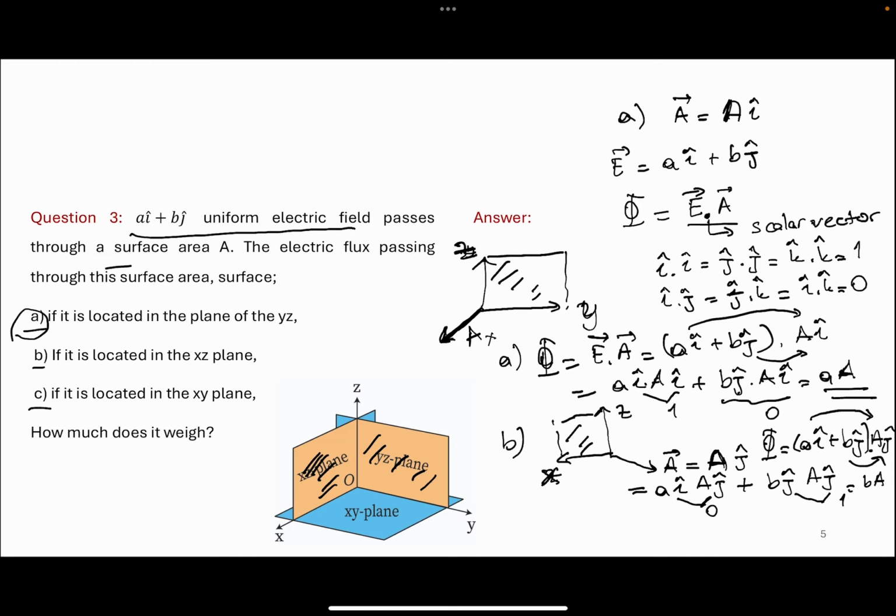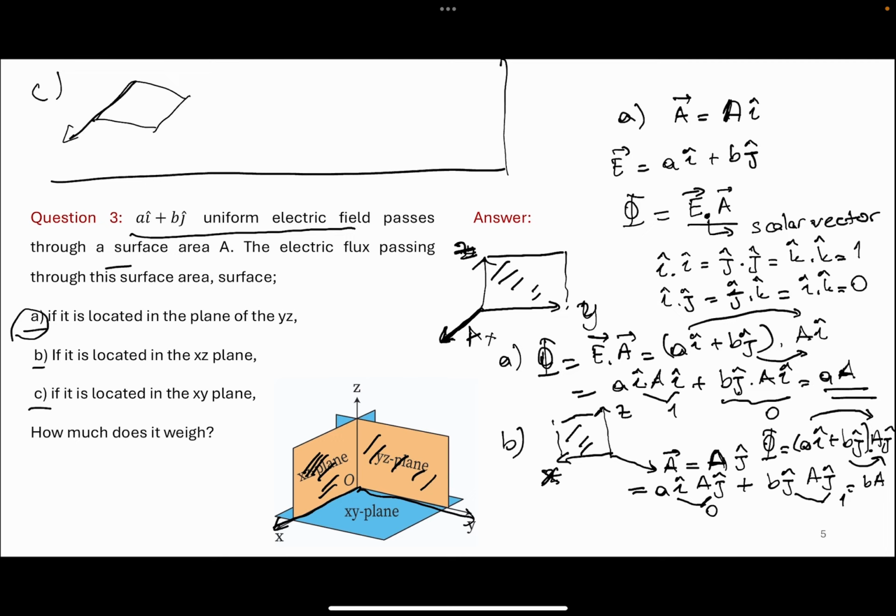Okay, now we can look at C. We can draw it here. If it is located on the x-y plane, say this is the x axis and this is the y axis, you need to use the third one: the third axis, z, gives the surface vector.